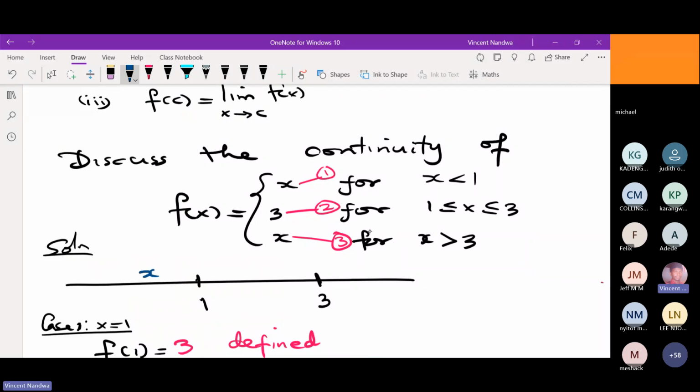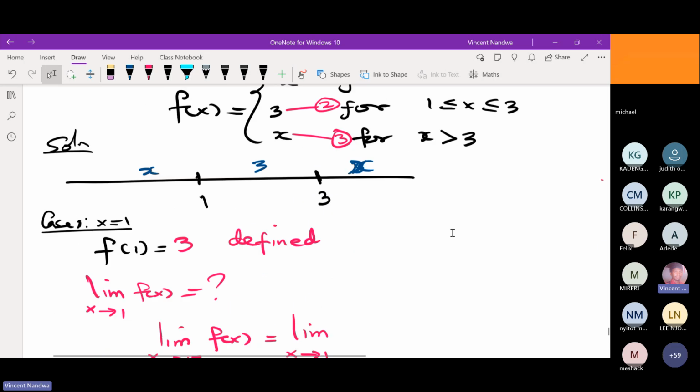And then from 1 to 3? The second one. And then from 3 to infinity? The third one. The third one is x.